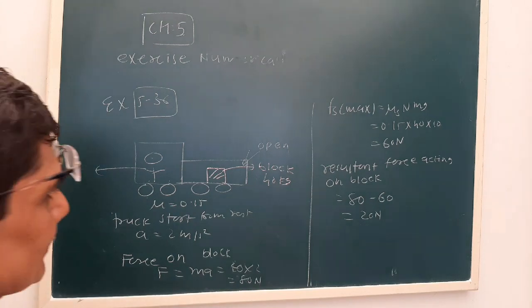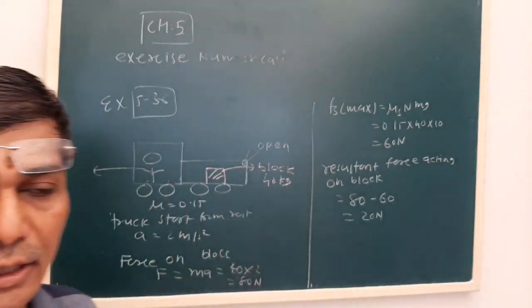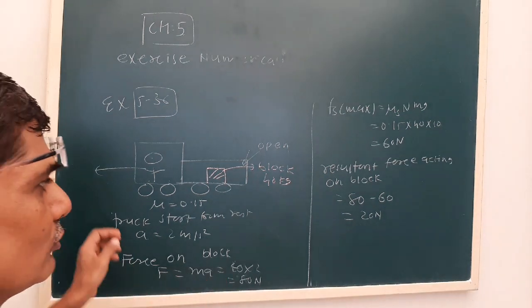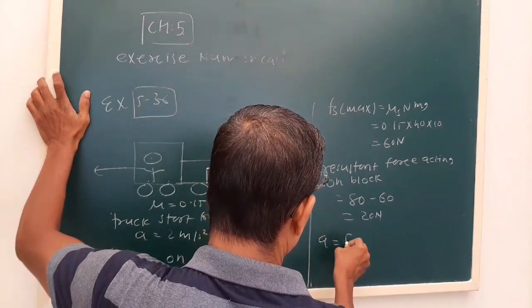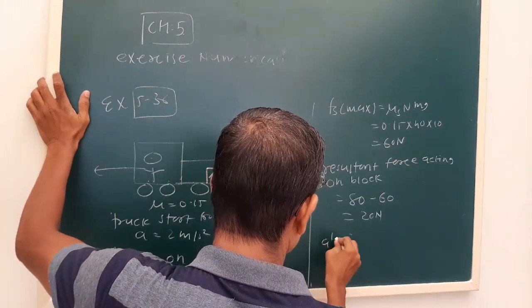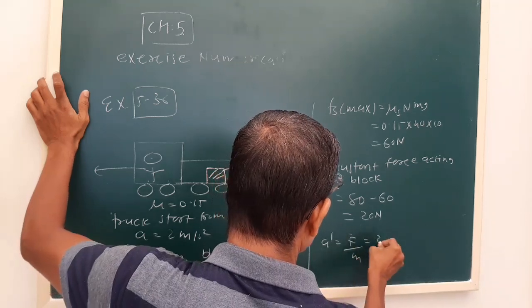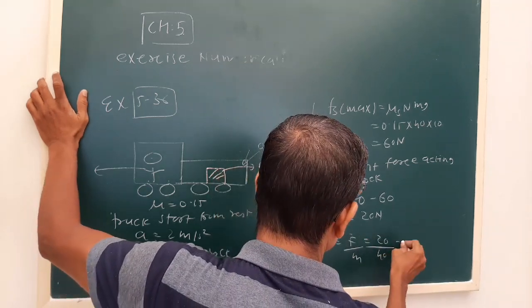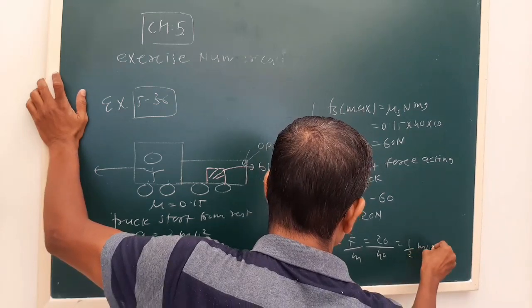So see the acceleration produced in the block due to this net force we have to calculate. A dash is equal to F upon M, 20 upon mass 40.